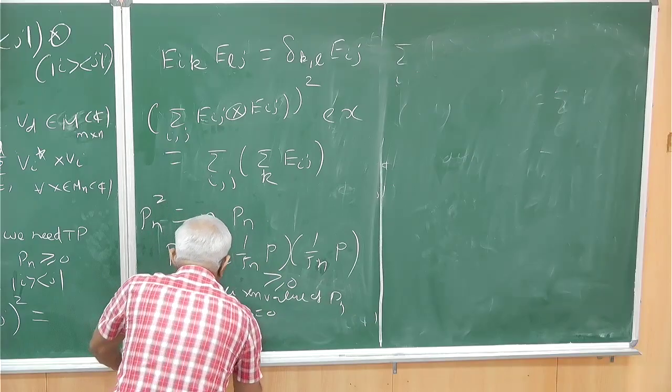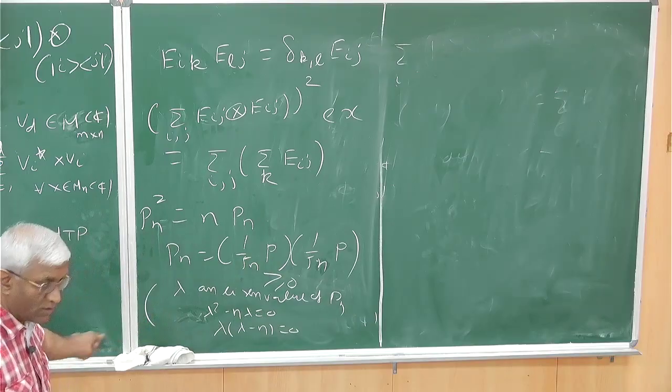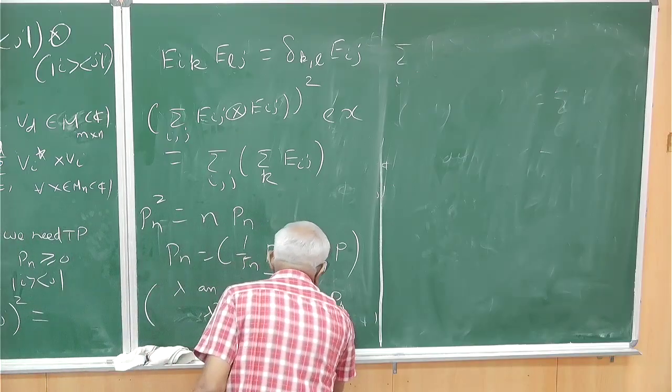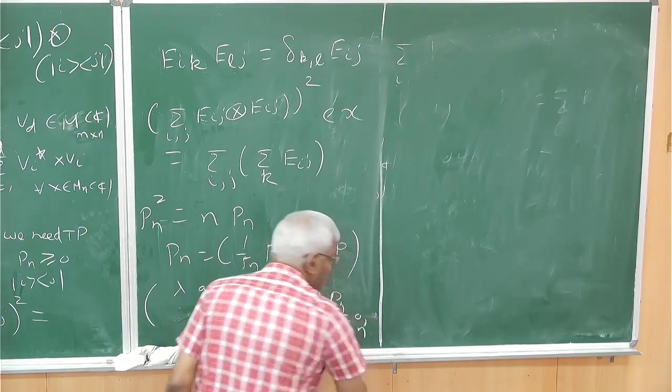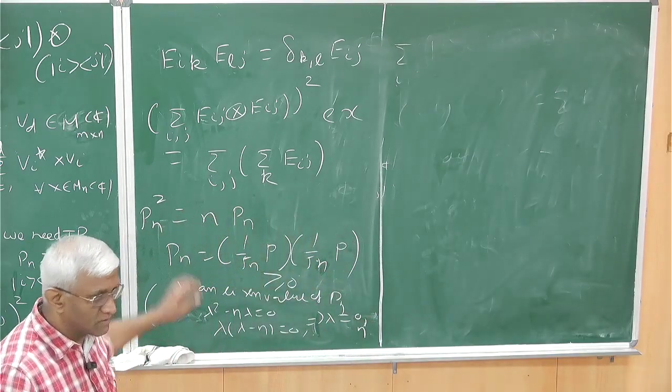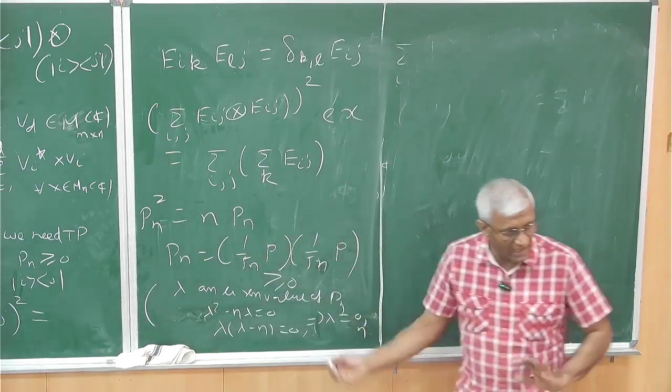So lambda times lambda minus n equals 0. So lambda has to be either 0 or n. So they are positive. So the eigenvalues are positive, so it's a positive operator. So from that it follows.